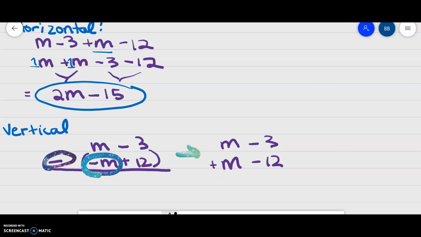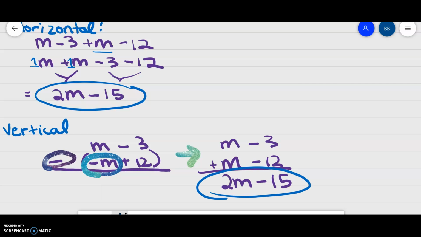So I'm going to convert this vertical expression into this second vertical expression. Now we have 1m plus m, which is 2m, and then negative 3 minus 12 is negative 15. So we get the same answer no matter how we do it.